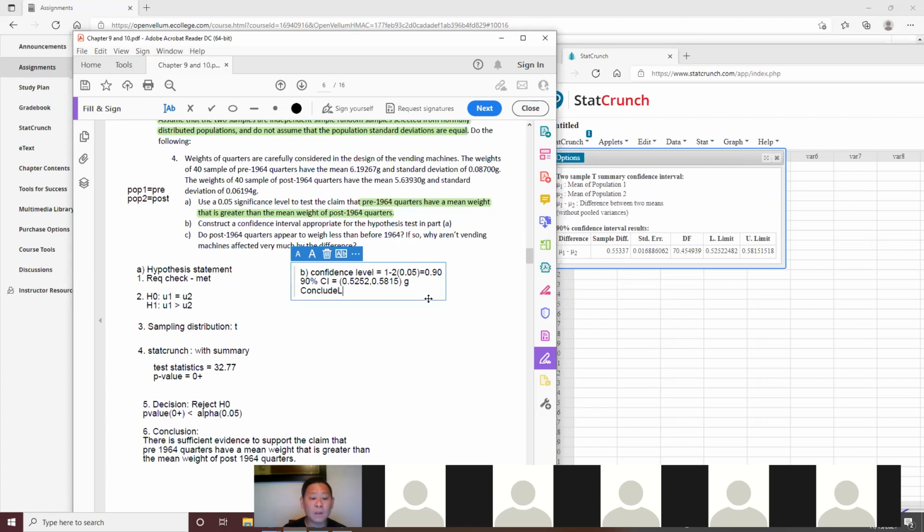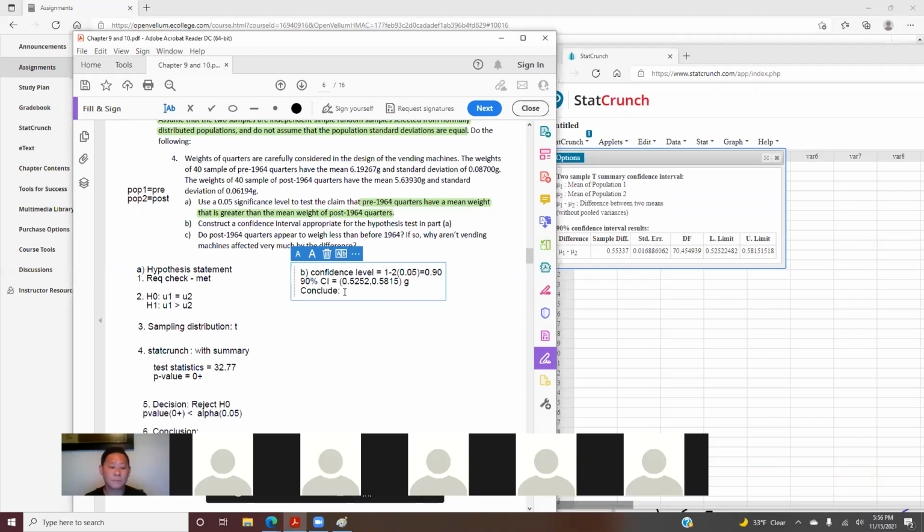Can someone tell me what you can conclude if you get this kind of confidence interval? Because they are both positive, it means that mu1 is greater than mu2. Yep, since both values are positive, mu1 is greater than mu2.